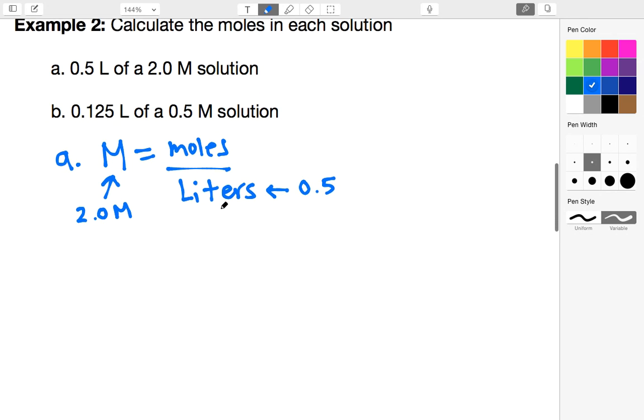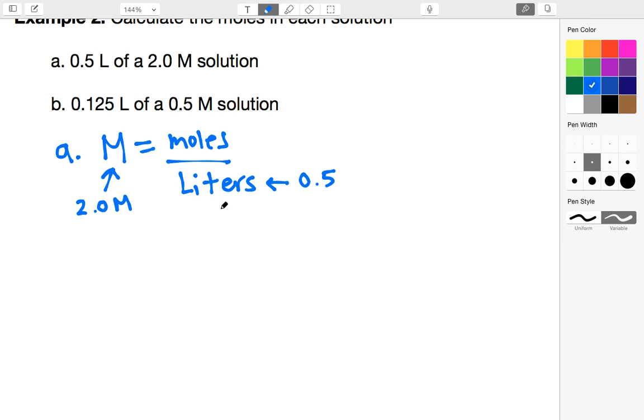So if I were to plug into this equation, it would be 2.0 molarity equals moles, that's what I'm looking for. I'm just going to change this to the variable lowercase m, over 0.5 liters. The next step would be just to solve for m.